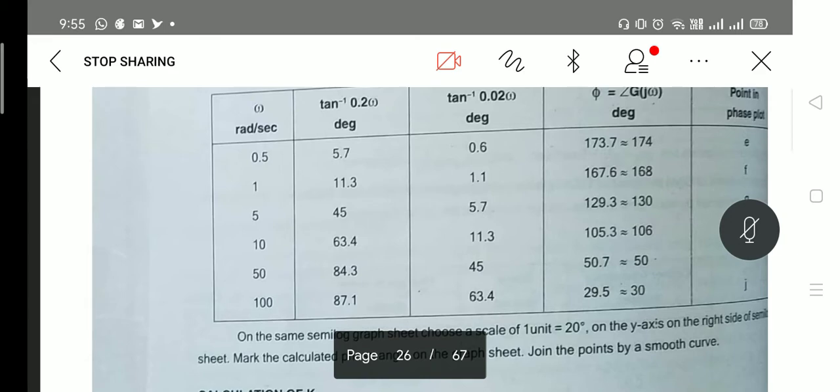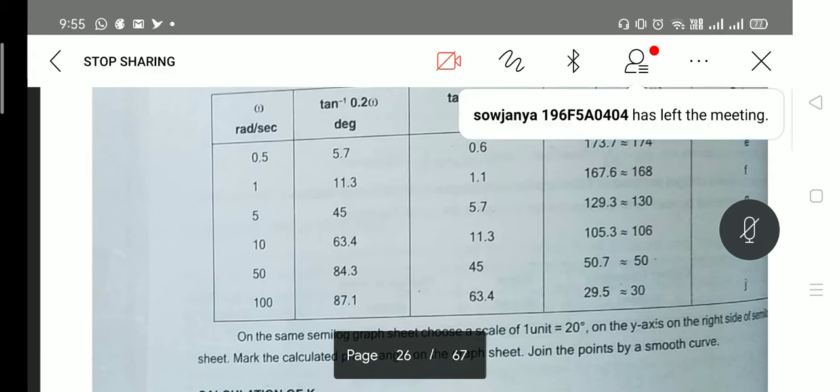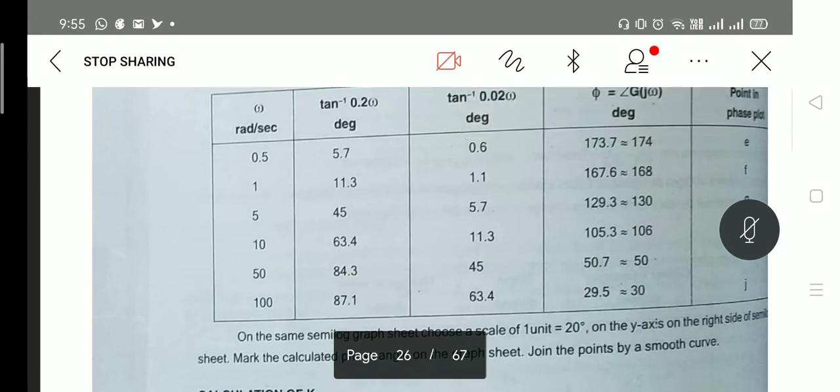Next, I am taking 1, 5, 10, 50, 100, up to the higher frequency. You can take all those values, or only 0.5, 5, 50, 100. For accurate phase margin, I am taking values in the middle of the corner frequencies, 1 and 10.